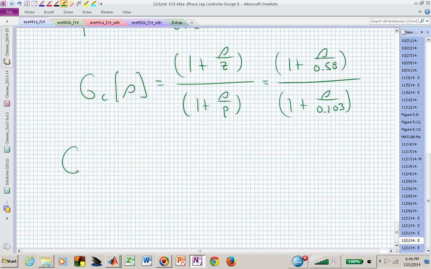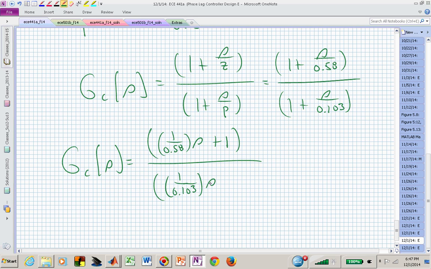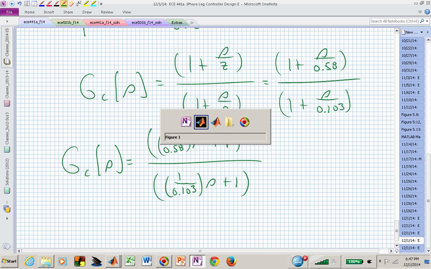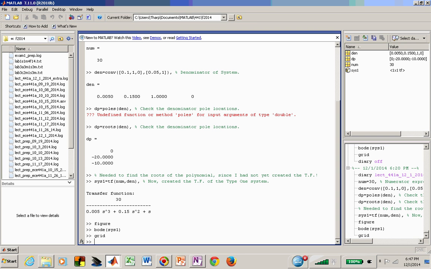In terms of Matlab, I will be entering this from higher powers of S down to the constant, so I really have 1 over 0.58 times S plus 1, and I have 1 over 0.103 times S plus 1 in the denominator. Let me now build my controller transfer function in Matlab with those particular numerical values.